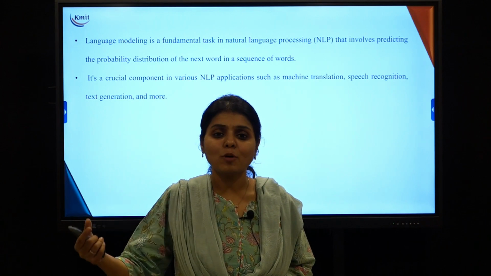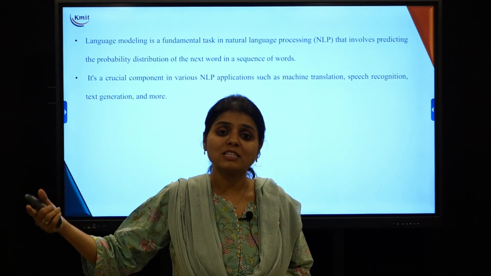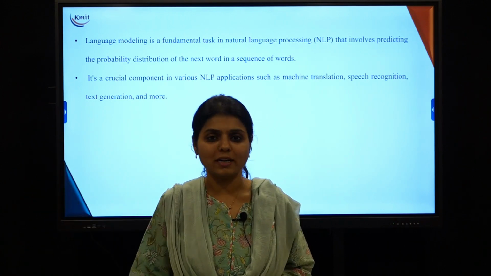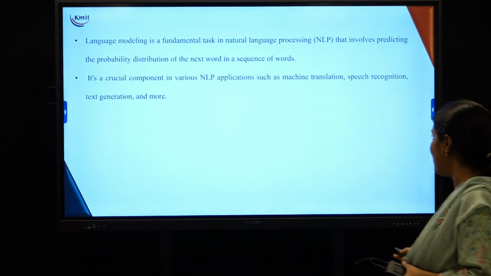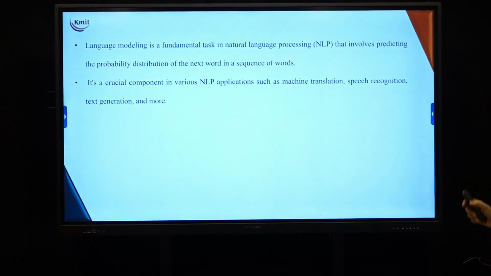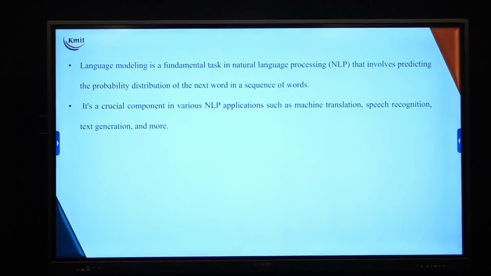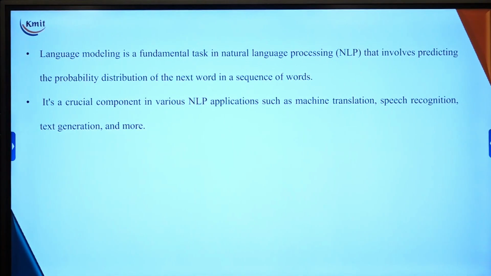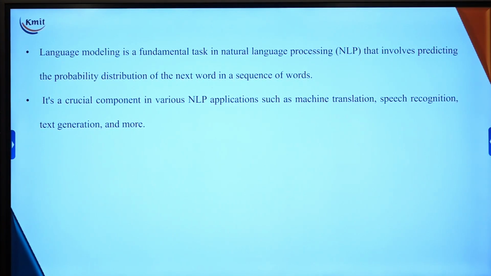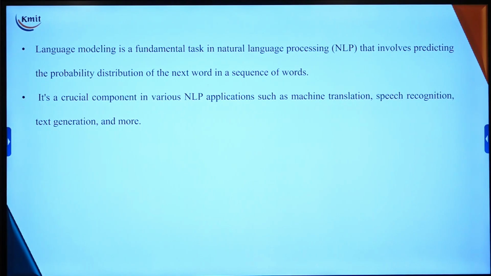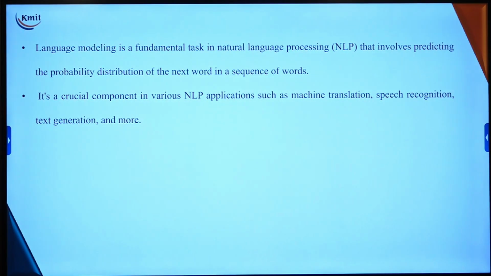The higher the probability, the more sense the word makes in the context. Basically, language modeling is all about predicting the probability distribution of the next word in the given sequence of words, so that we understand the context and which word fits perfectly in that sentence.